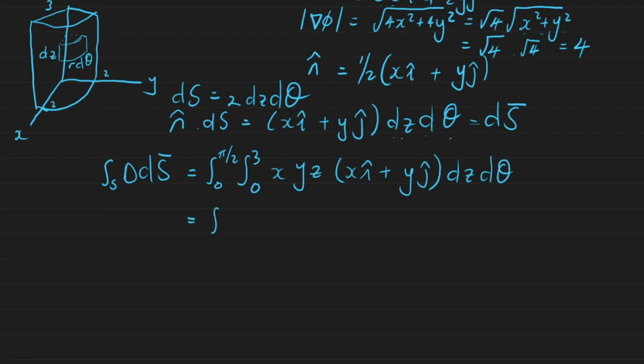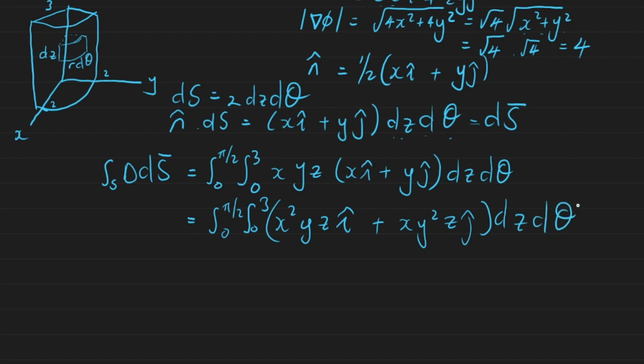And then expanding this out, we get x squared times y times z times i plus x y squared times z in the j direction, and of course dz d theta. So our variables are in terms of x, y, and z, but we're integrating with respect to z and theta.